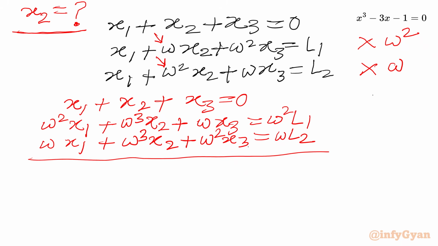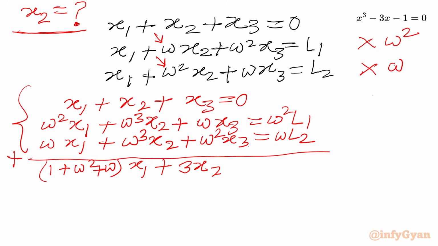Now we have to add these three equations to get the value of x2. So we will write here 1 plus omega square plus omega times x1 plus omega cube is 1. So we are going to get 3x2 plus, in the bracket, 1 plus omega square times x3 equal to omega square L1 plus omega L2.